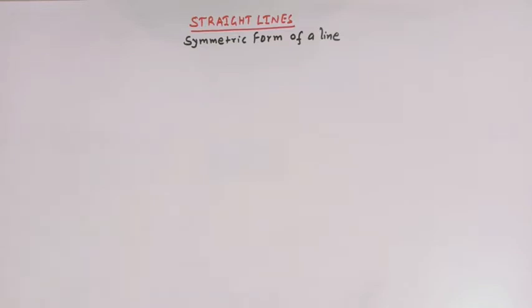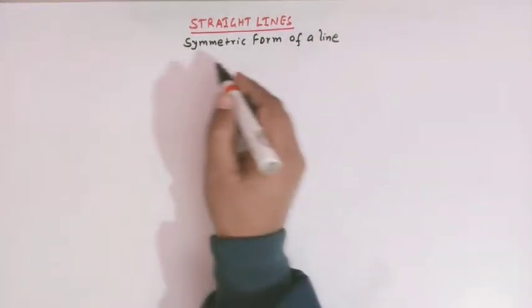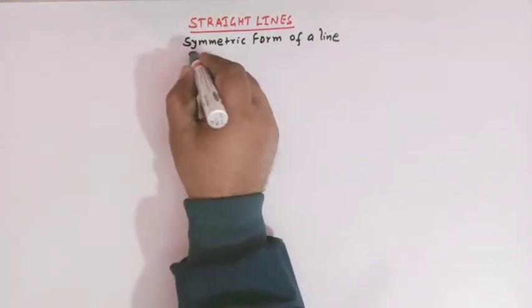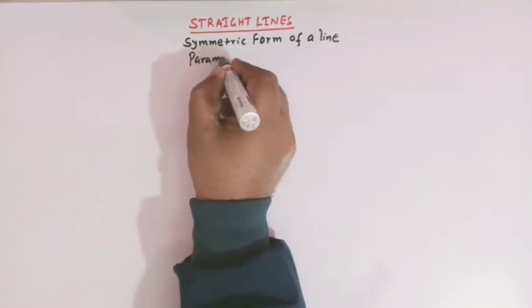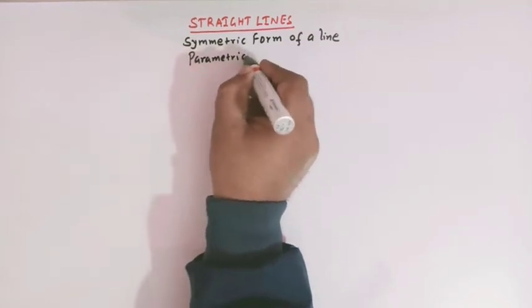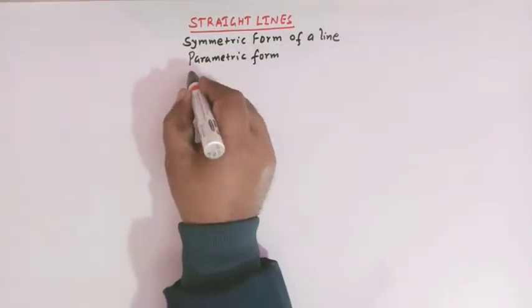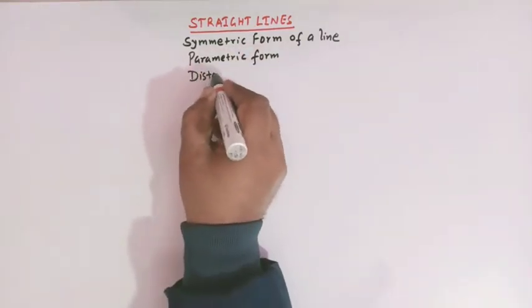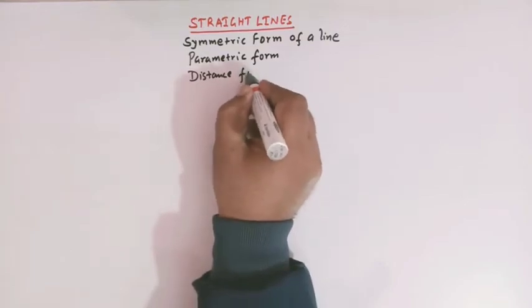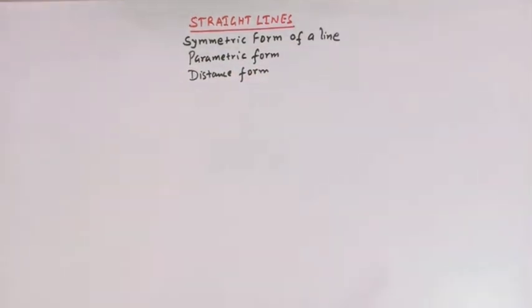We will derive the equation for the symmetric form of a line, which is also known as the parametric form of the line. Sometimes this form is also known as the distance form of the equation of a straight line.